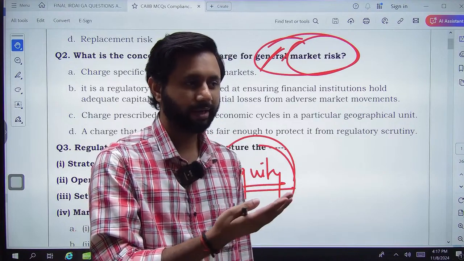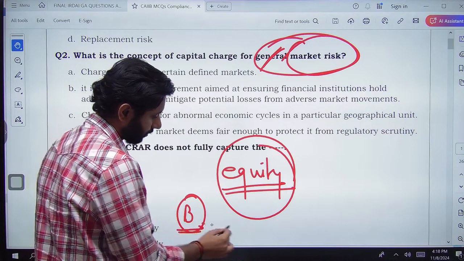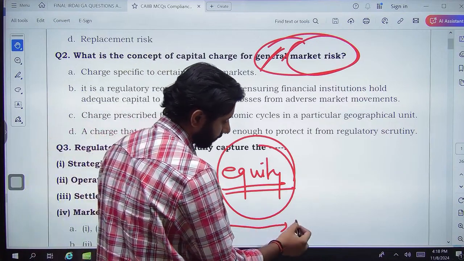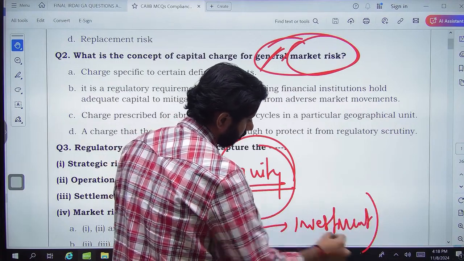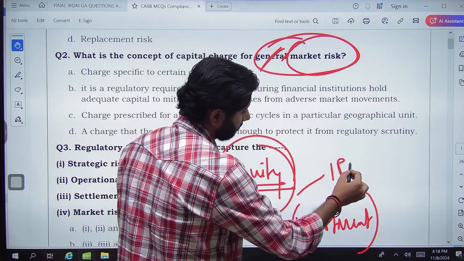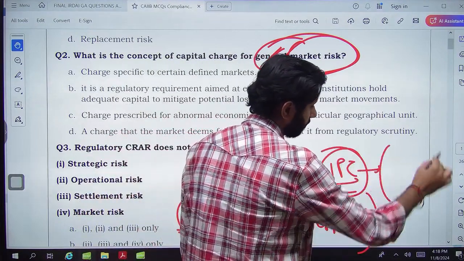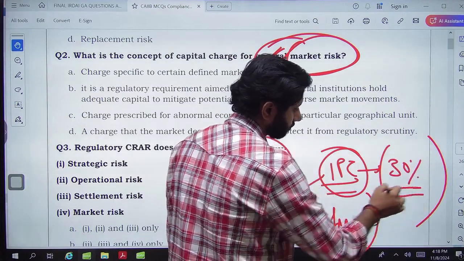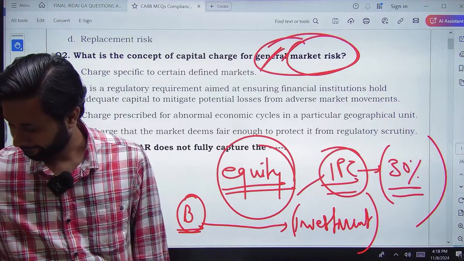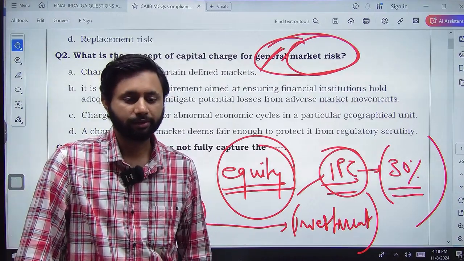RBI has mandated, for all the banks who have investment exposure or who are giving irrevocable payment commitments, with respect to them, they should have 30%, some regulatory restriction, isn't it?